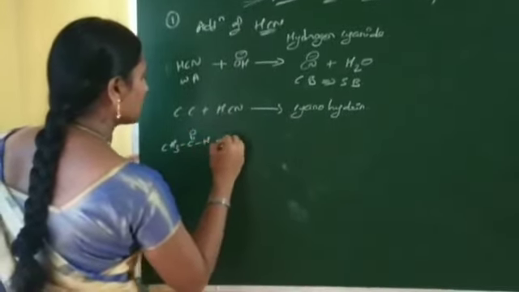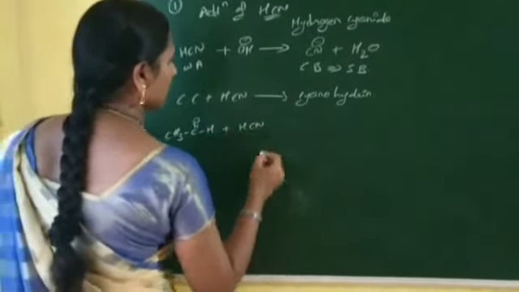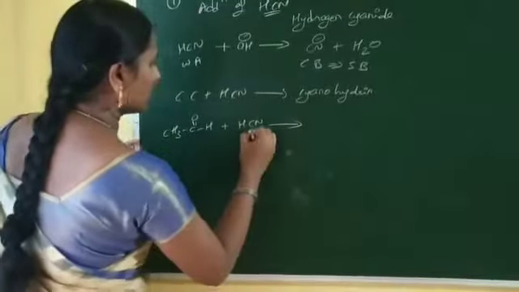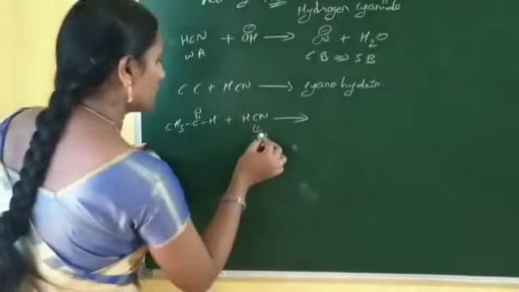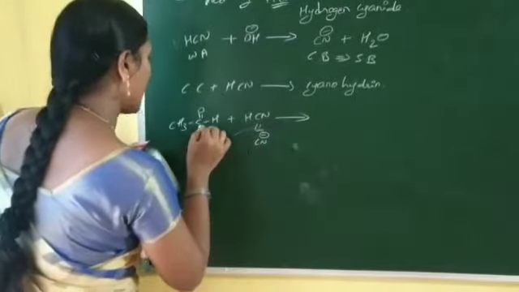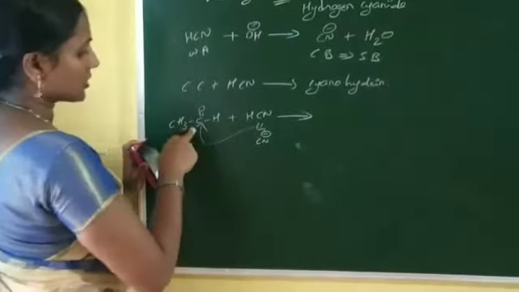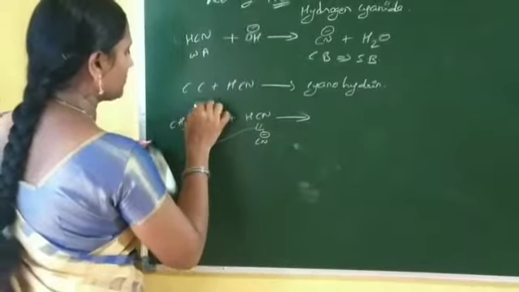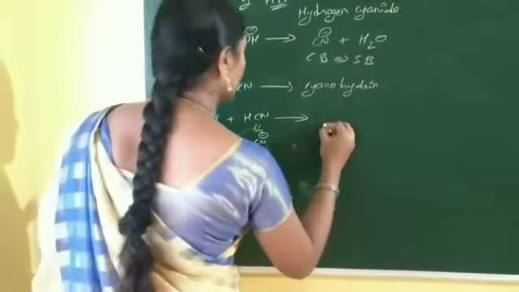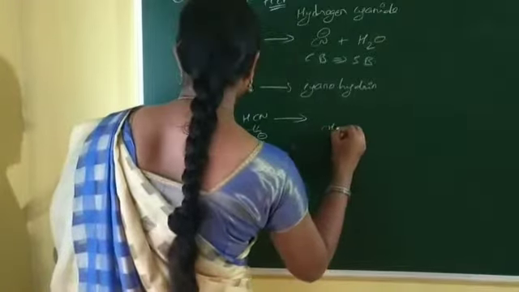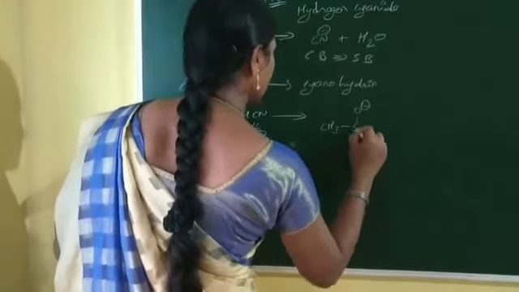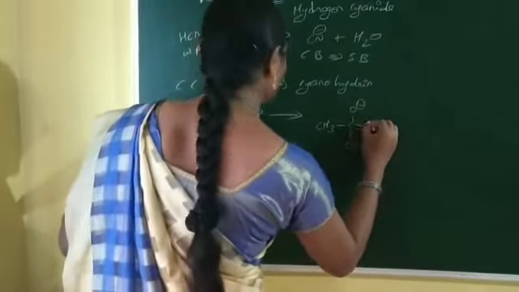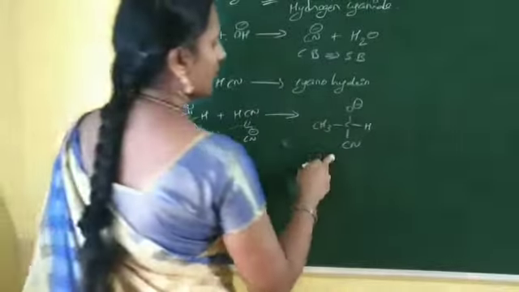Now acetaldehyde is treated with HCN. HCN gives the cyanide nucleophile. The cyanide nucleophile directly adds at the partially positive carbon atom, and immediately the double bond shifts to the oxygen side. The product is CH3, C, O minus, and CN, where the new bond is the C-CN bond, and H. An oxyanion is formed.